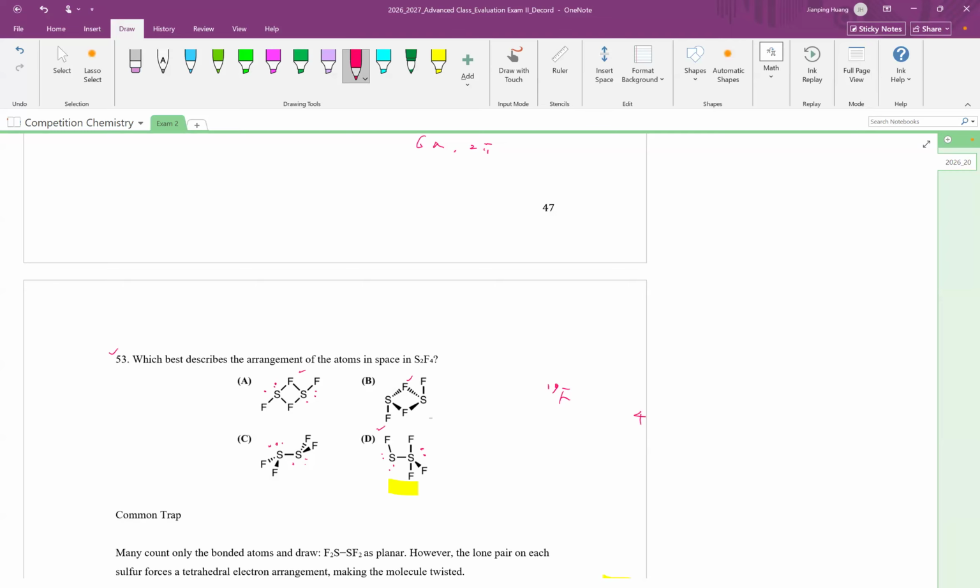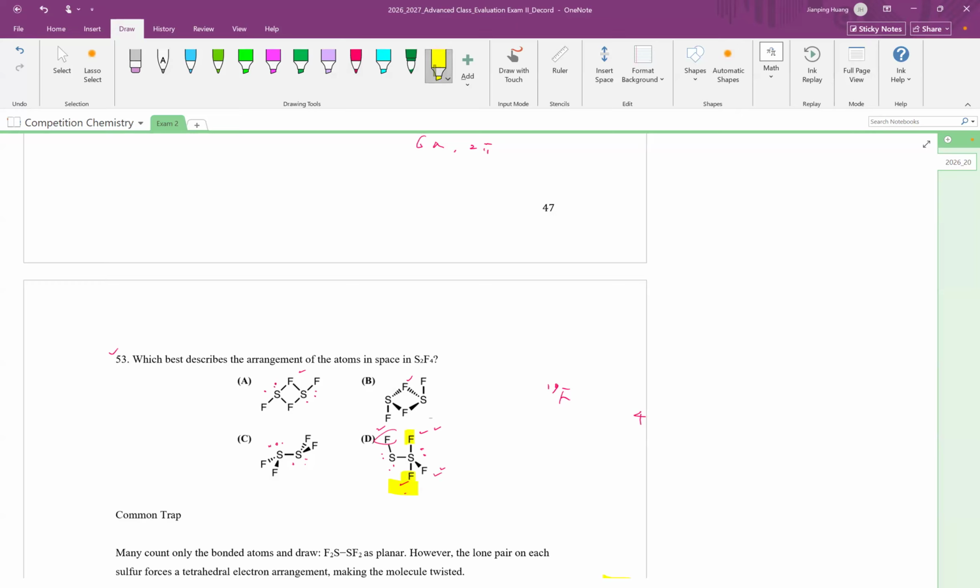One here, one here, one here, one here. One fluorine on the terminal sulfur in this one. Why is this one? That's called the equatorial hypervalent sulfur. Why is this one? And that's called axial. And you ask, why is this not the same?